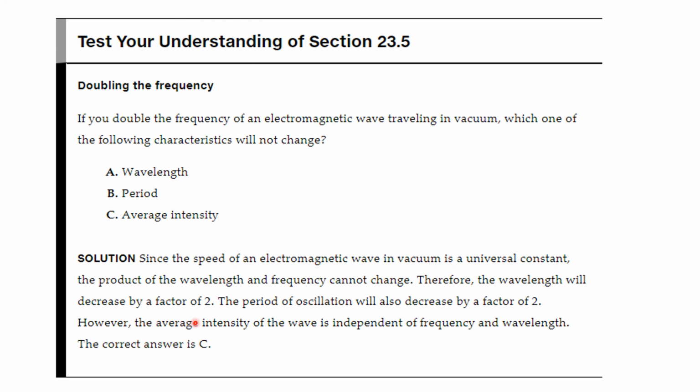Therefore, the wavelength will decrease by a factor of 2. The period of the oscillation will also decrease by a factor of 2. However, the average intensity of the wave is independent of the frequency and wavelength, so the correct answer is C. All of these discussions stem from c equals lambda times f.